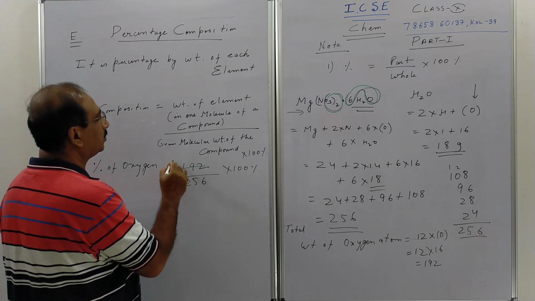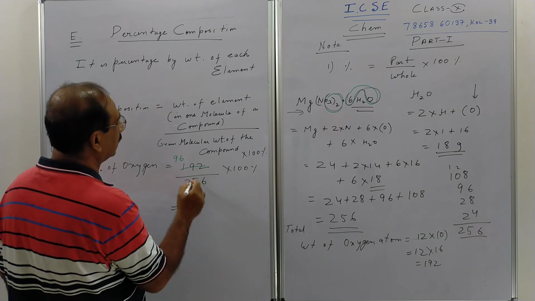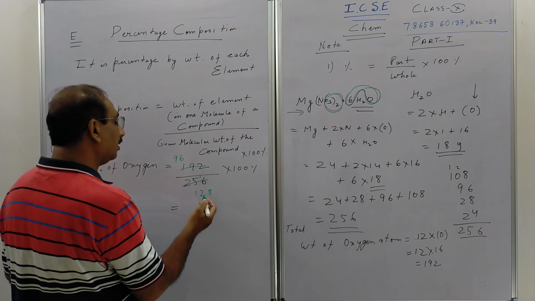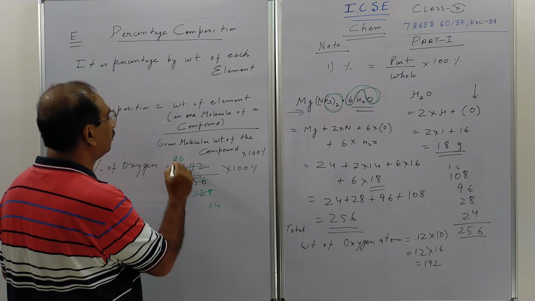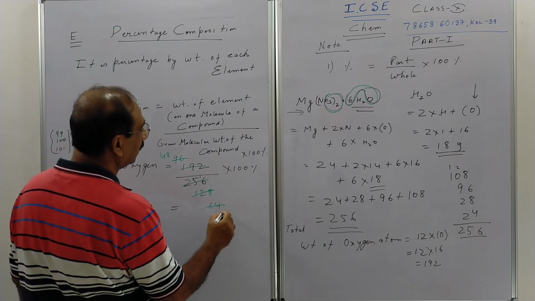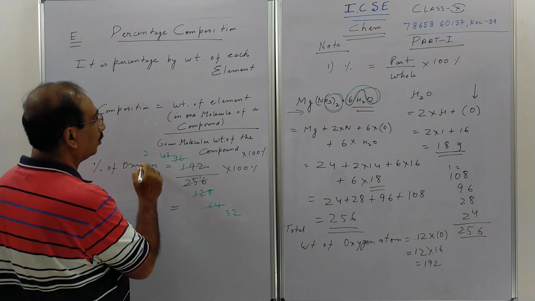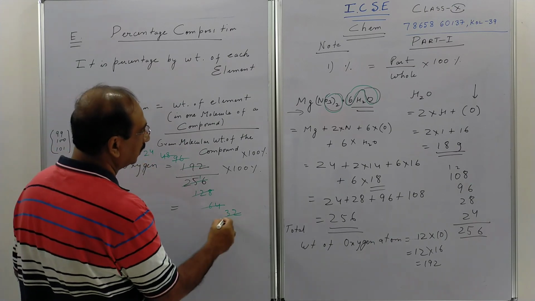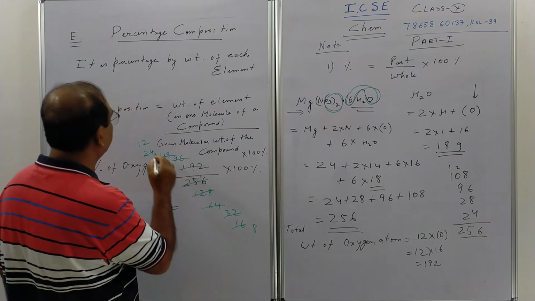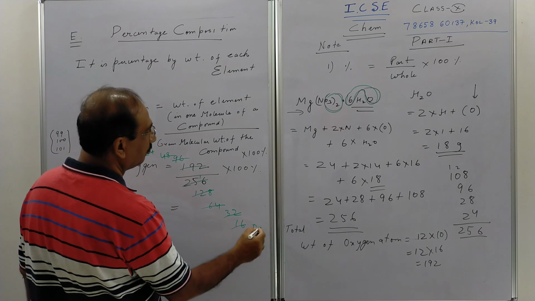So you cancel with 2, you get 2 9s are 18, 6, 2 1s are 2, 2, 8. Again we can cancel: 64, we get 48, then we get 32, 24, 16, 12, 8, 6, 3, 4.